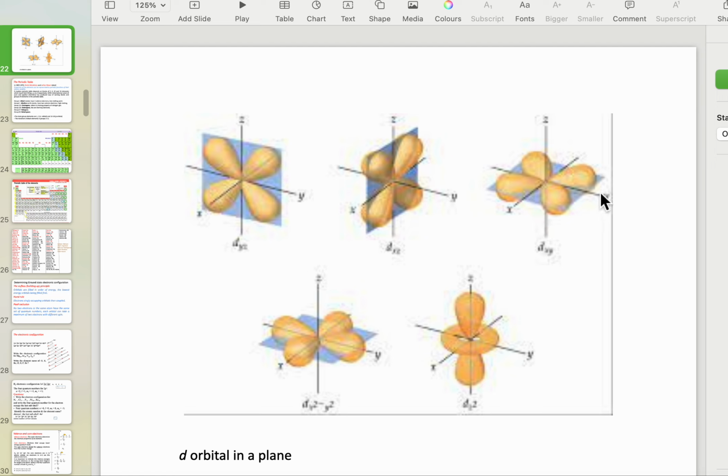This is the x, this is the y. So the loops are between them. dx square y square, the loops are exactly on the plane. So they are exactly on the axis of y and the axis of x. So dx square y square. The dz square, 4 loops are on the z square.